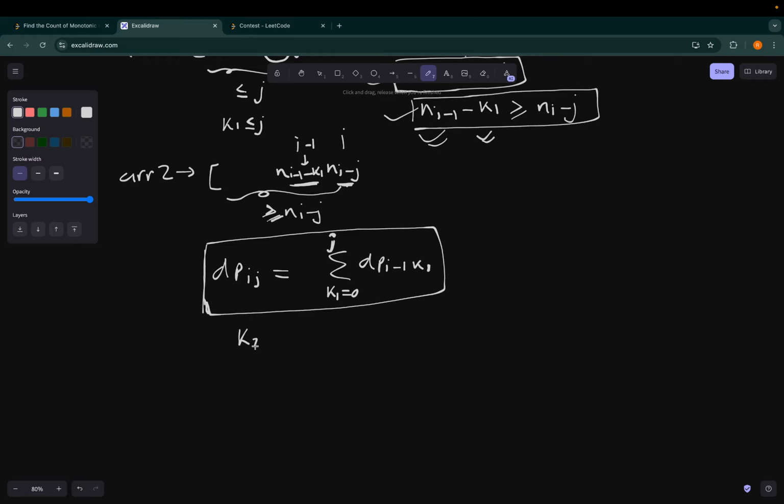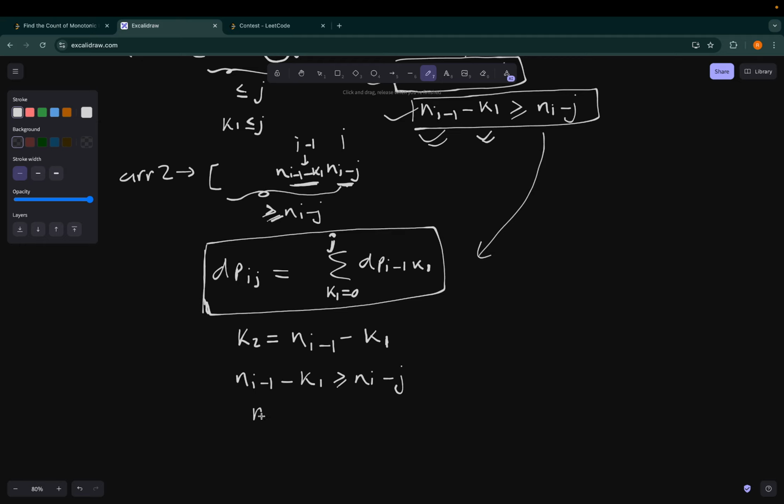Your k2 would obviously be nums of i minus 1 minus k1, right? And we also saw that nums of i minus 1 minus k1 should be greater than or equal to nums of i minus j from the previous condition, right?